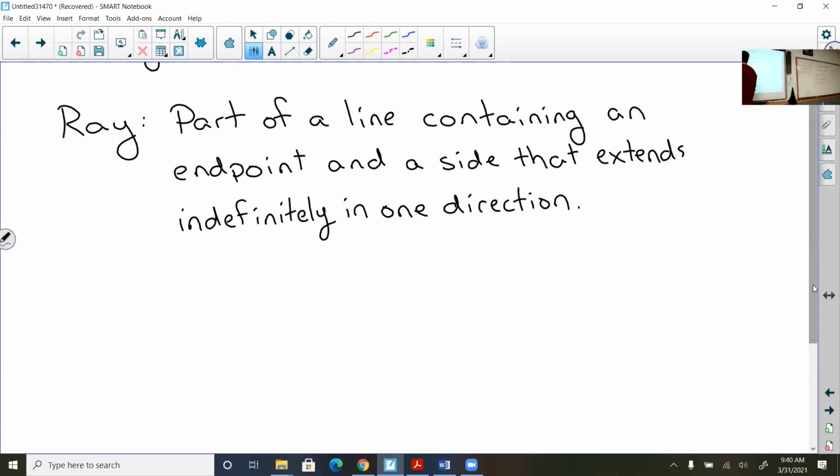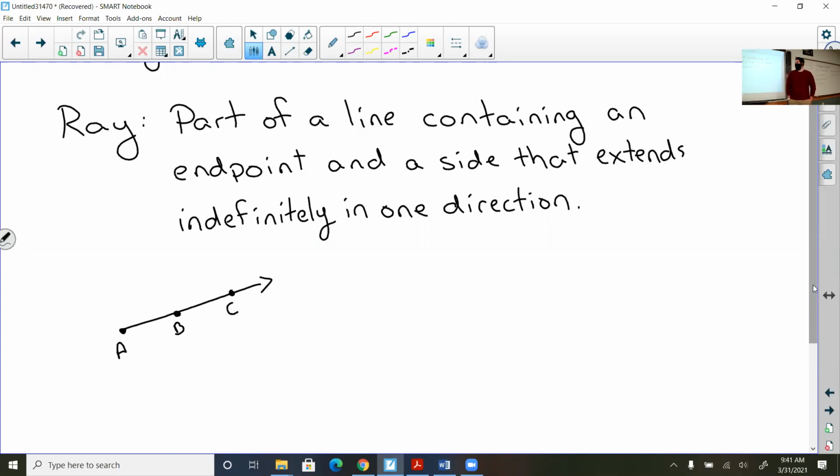So a picture to illustrate this, if we had this here, that would be a ray. Now it has points A, B, and C all on this ray.